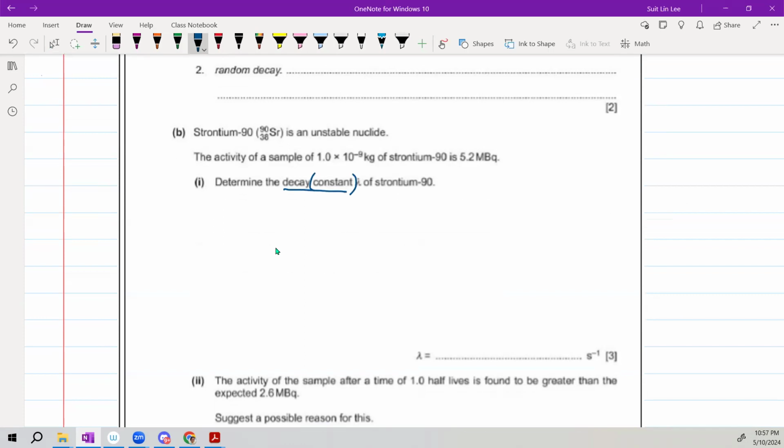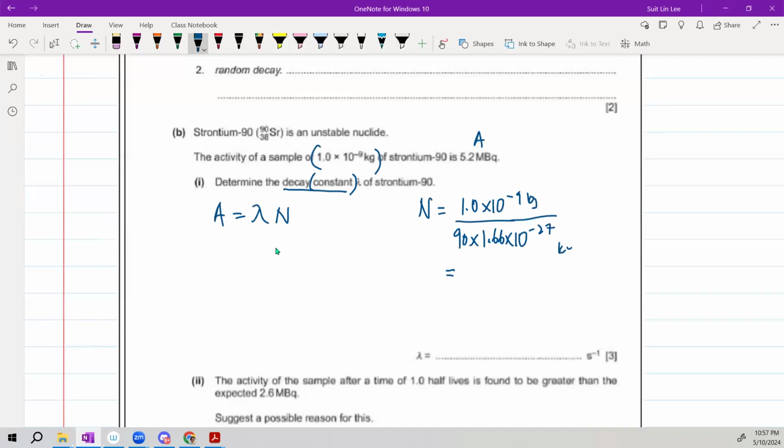Okay, anyway, this is your activity. You want to calculate lambda. You have this sample here. So we're going to use A is equal to λN. But first I need to calculate the number of samples. So N will be the mass, 1.0 times 10 to the power -9, divided by strontium-90, 1.66 times 10 to the power -27 kg.